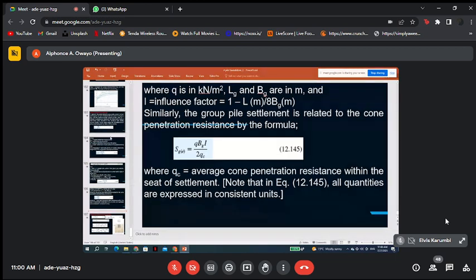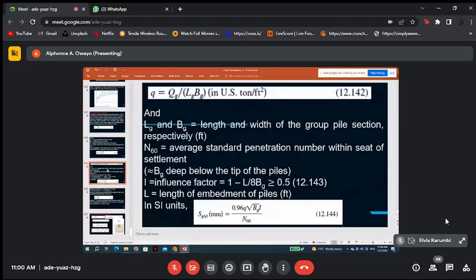So okay, you can relate this to the... like I said, it's always a good idea for practice to be able to relate all this. We are interested in the capacity, we are interested in the settlement. If you're able to do an experiment, do the N60, then we can directly relate the N60 value to settlement.